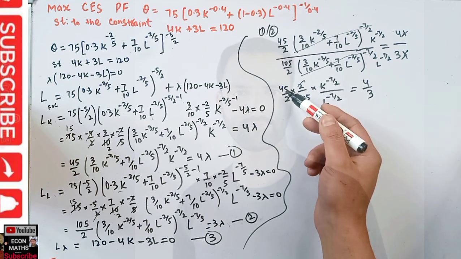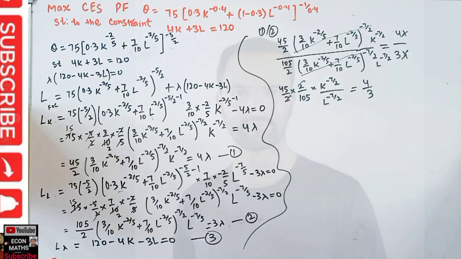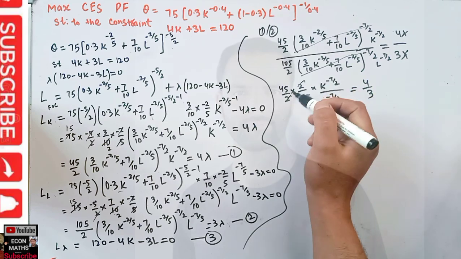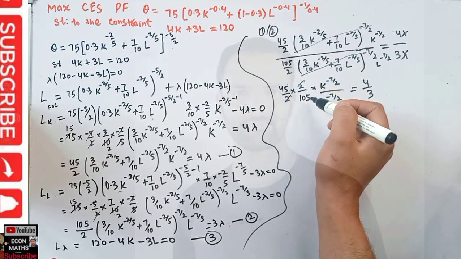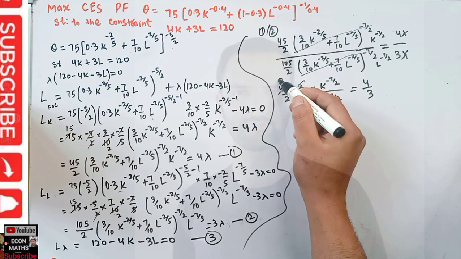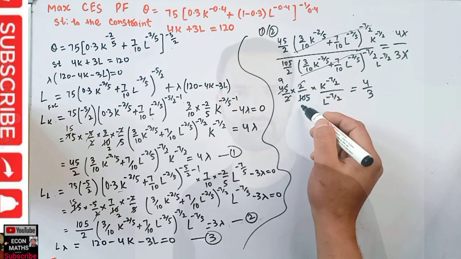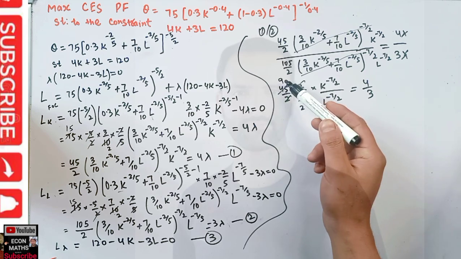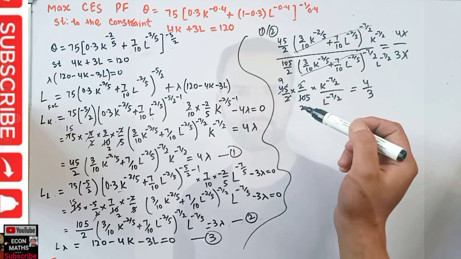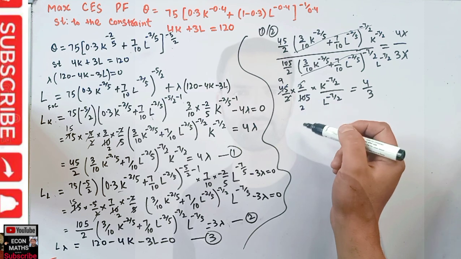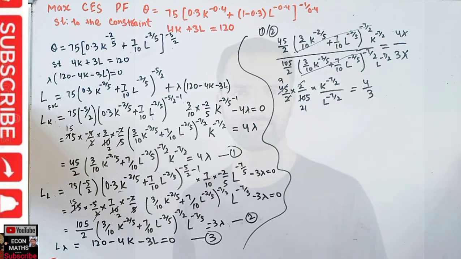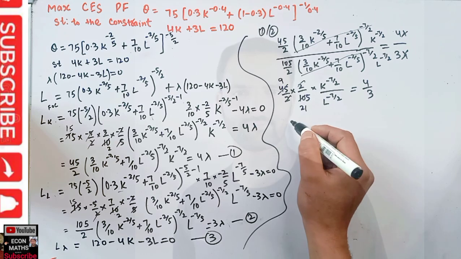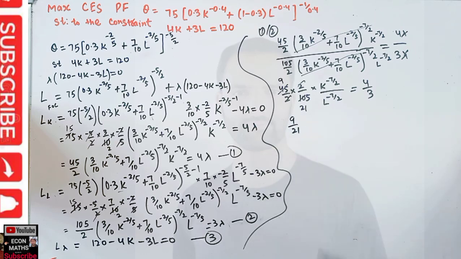So we are left with 45 upon 105. What is 45 upon 105? 5 nines are 45, 5 2s are 10, 5 1s are 5. So we are left with 9 upon 21.